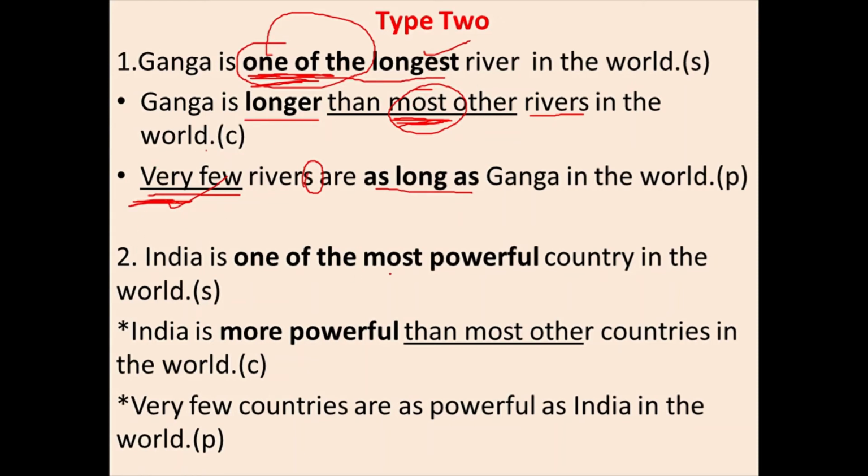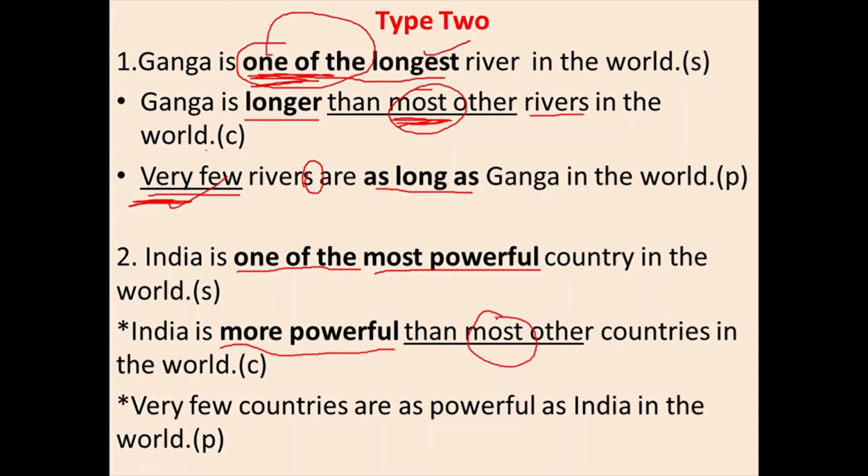India is one of the most powerful countries in the world. Again, India is compared to many other countries in the world. So most powerful is the adjective and it is in superlative degree. So it is superlative degree. India is more powerful than most other countries in the world. What is the change?